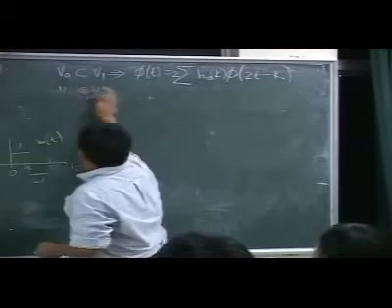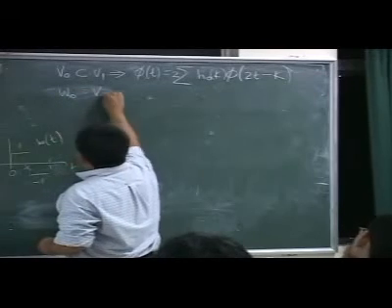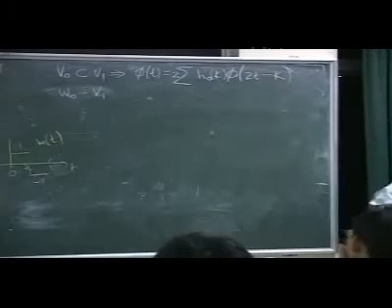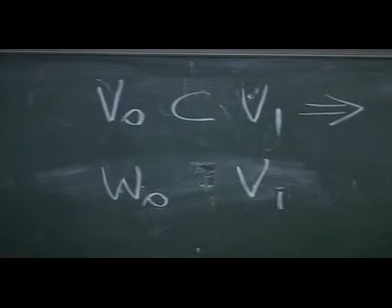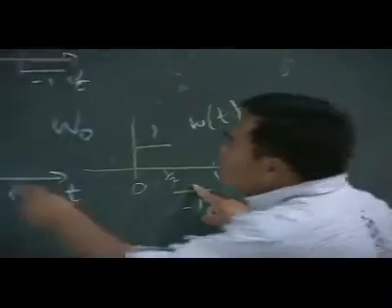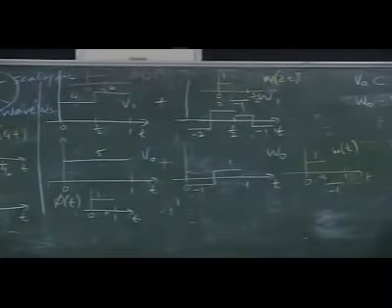And how about W0 and V1? Which space is bigger? W0 is right here, and V1 is right there. Which space is bigger? V1.